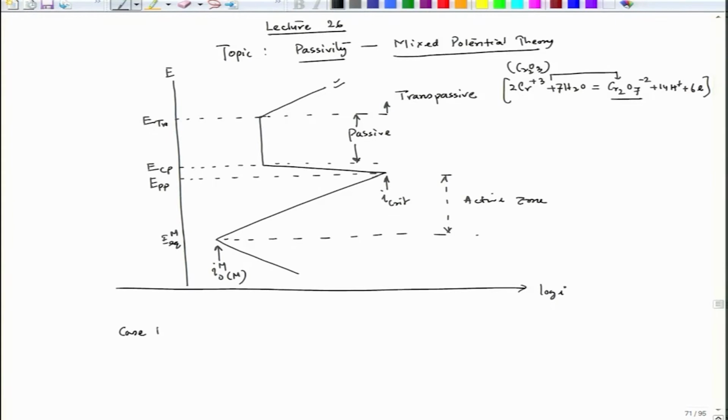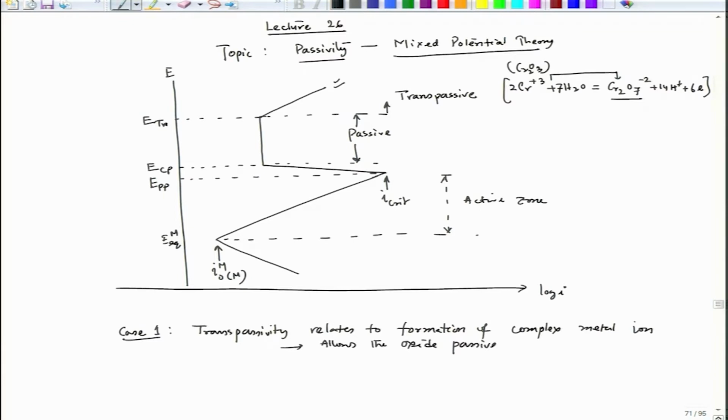Now, this is one instance. So, this is case 1, where transpassive relates to formation of complex metal ion which allows the oxide passive layer to dissolve.